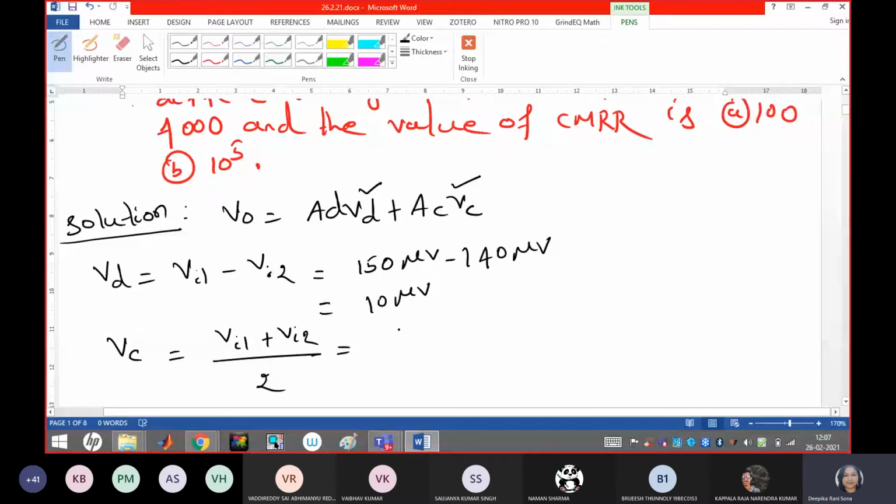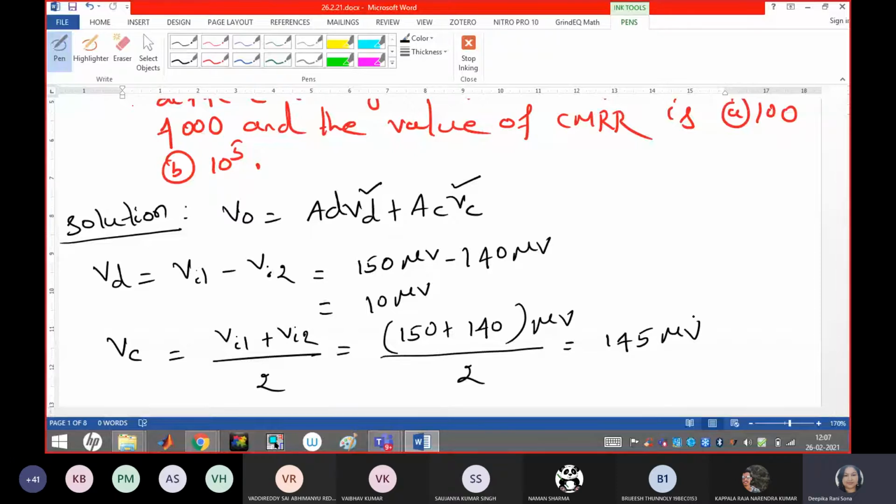What should be the value? 145 microvolt, right? So here we got VD and VC.